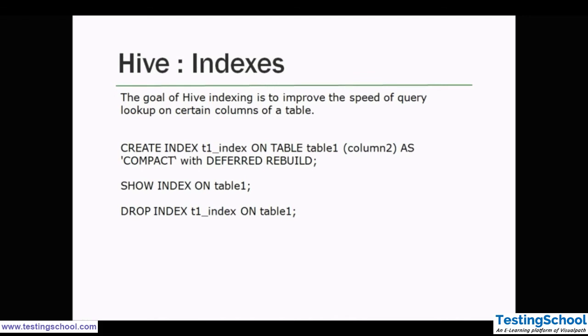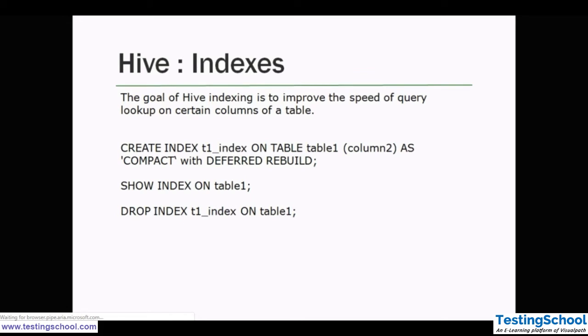So it is column 2. You can give any column. Let's say you have ID, name, address, city. You just need to mention the column name over here, so you can give ID or name or anything else. Then as compact with deferred rebuild.